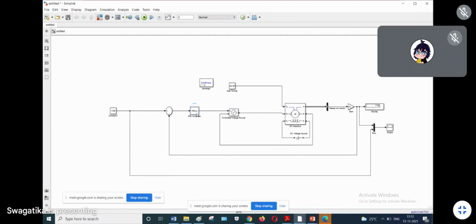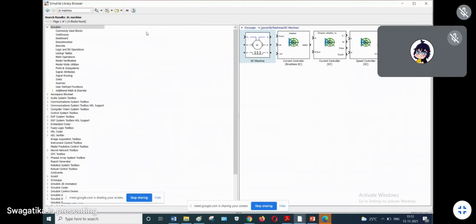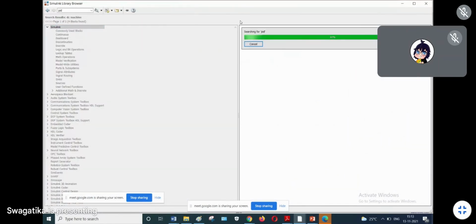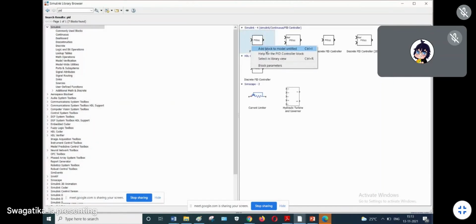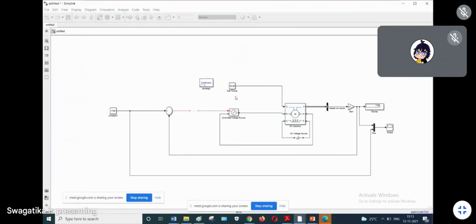If you take it without tuning, and the load I have already told you, full load is 20. Calculation 20.35. Okay, now simply a PID block is there, right?